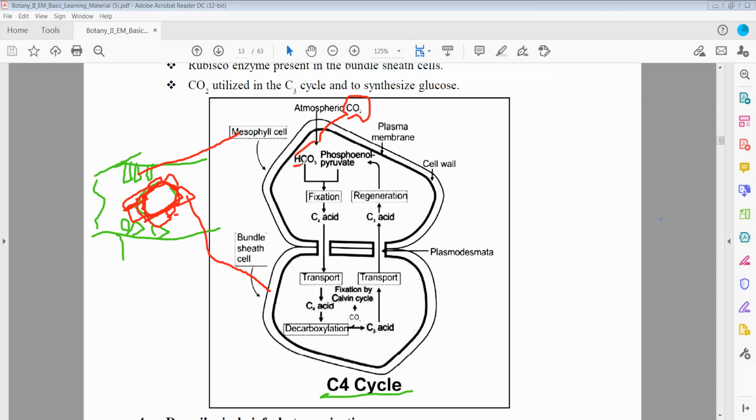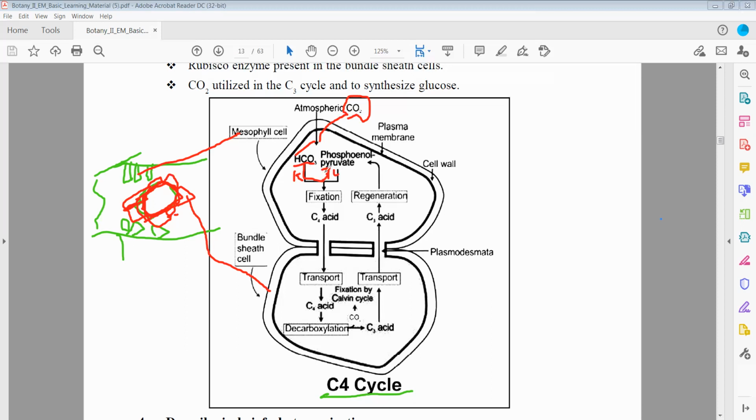HCO3. This HCO3 binds with, so here one carbon is there. HCO3 consists of one carbon. Phosphoenol pyruvate, which is already present in the mesophyll cell, that is PEP, has 3 carbons.